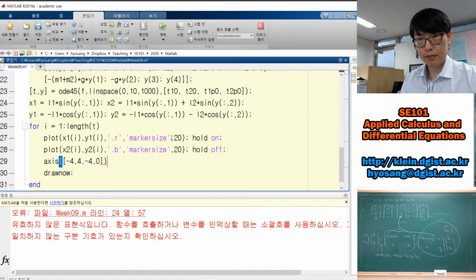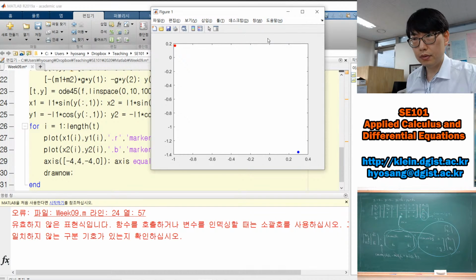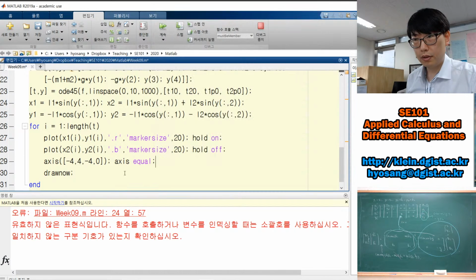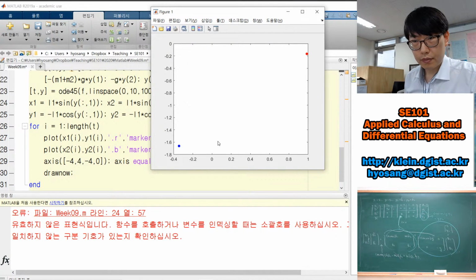Okay. Axis equal. Okay. Axis equal minus 4, 4.